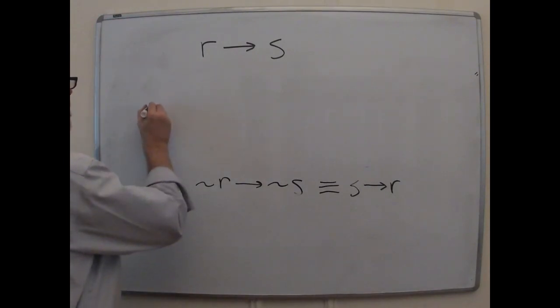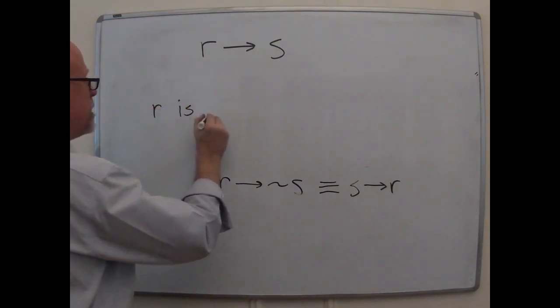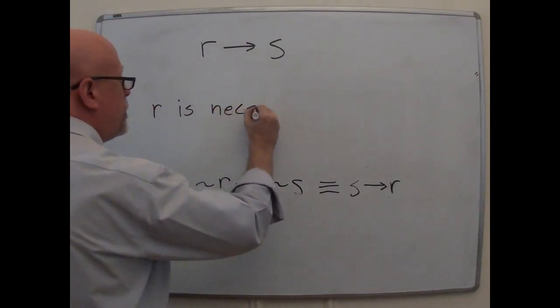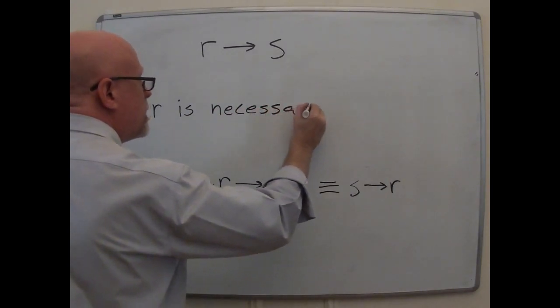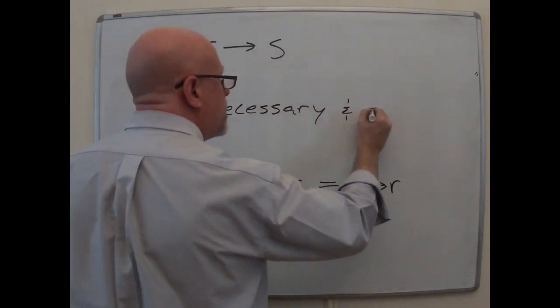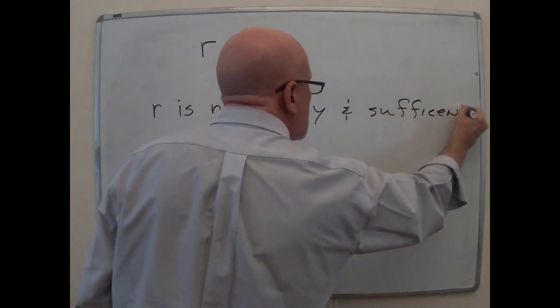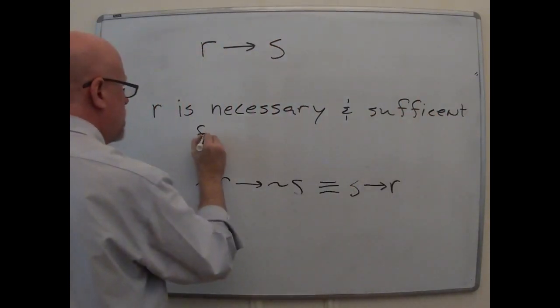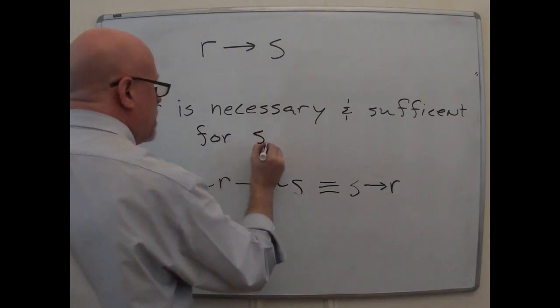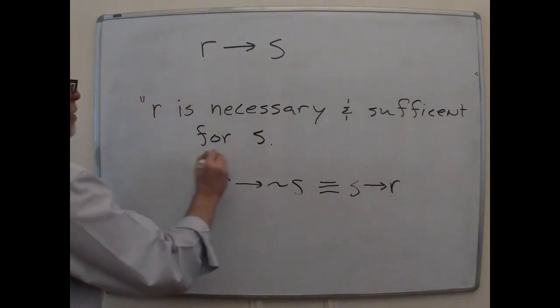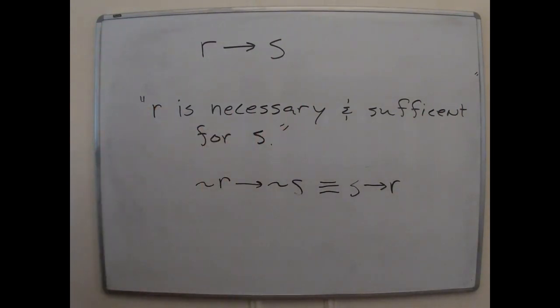If I say R is necessary and sufficient, that's the phrase I want to analyze, because we do in fact hear this one fairly often, especially in the situation we're in now, where we're studying logic in a formal way.